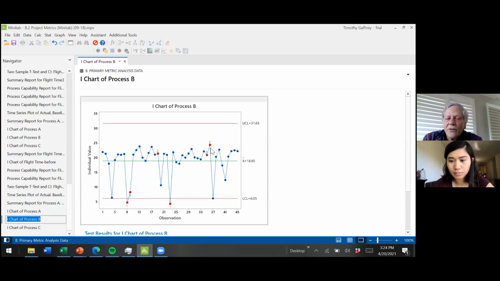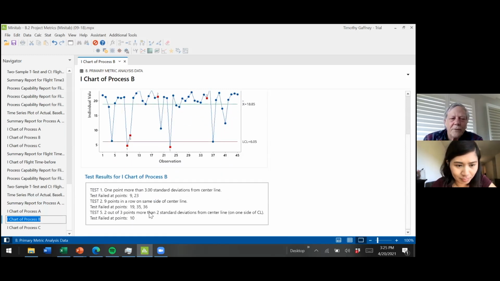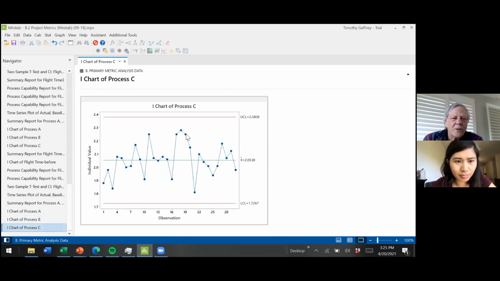This violated rule 2, this violated rule 2, which are too many points on one side of the mean in this one region, et cetera. We'll go more into that in some later decks. But that's how you can look at it; here it tells you the different tests and which ones were failed. So for process C, we know its baseline.